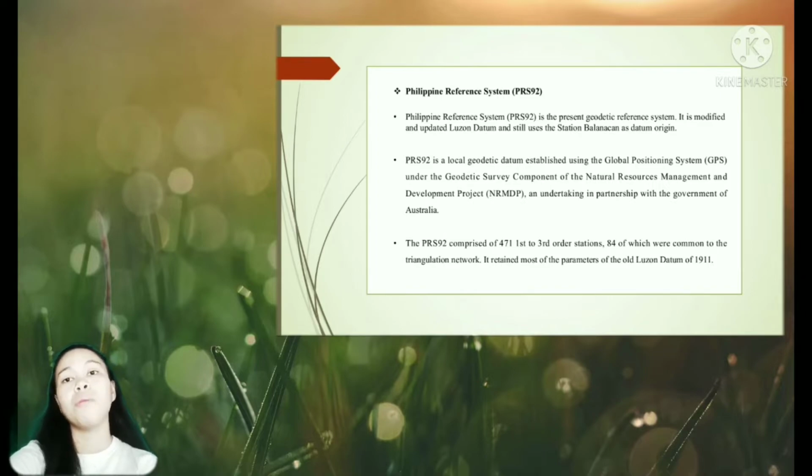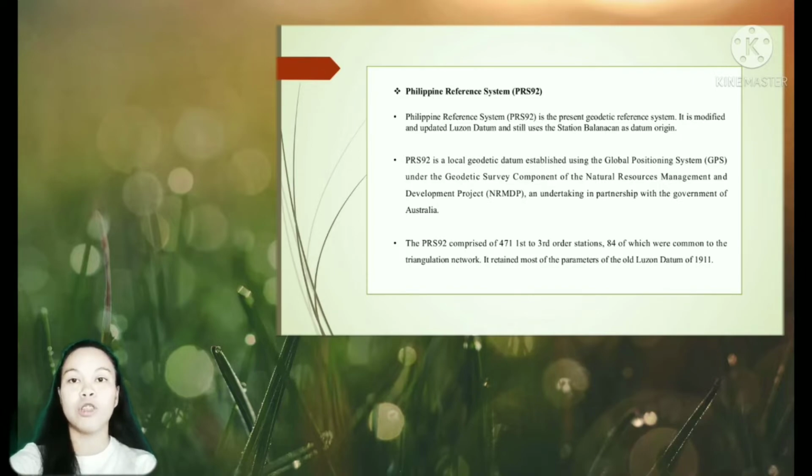point. PRS-92 is a local geodetic datum established using the Global Positioning System or the GPS under the Geodetic Survey component of the Natural Resources Management and Development Project, NRMDP, an undertaking in partnership with the Government of Australia.